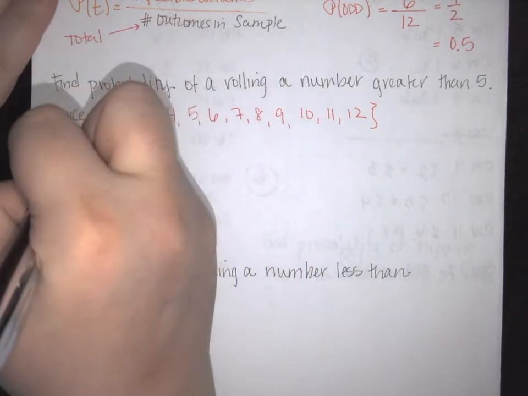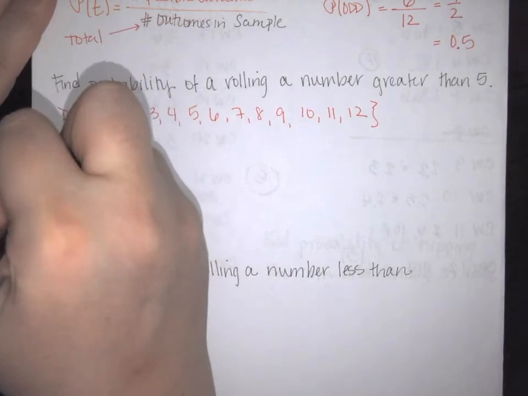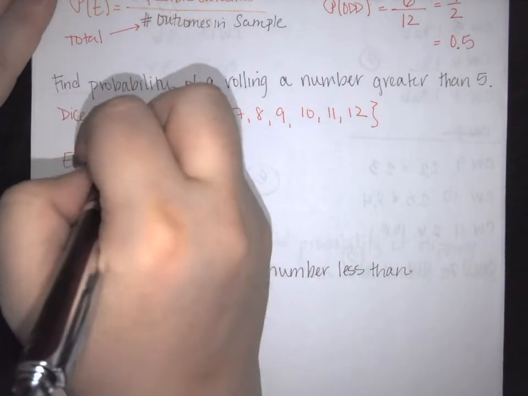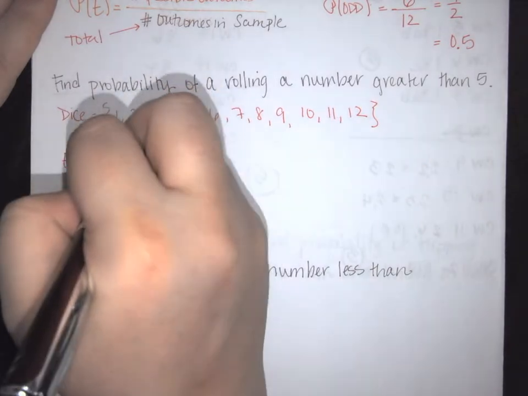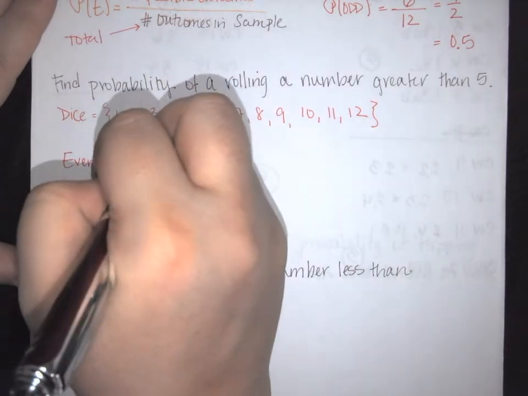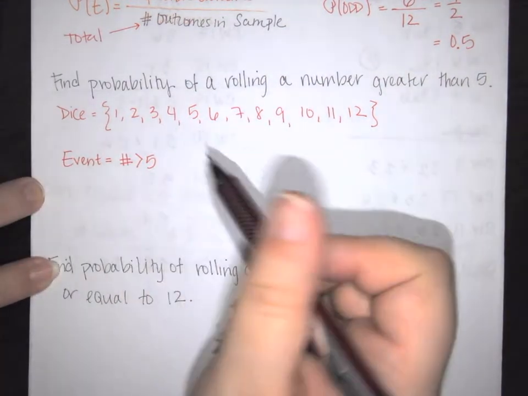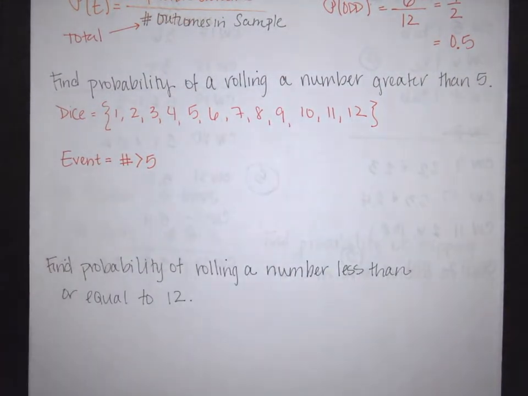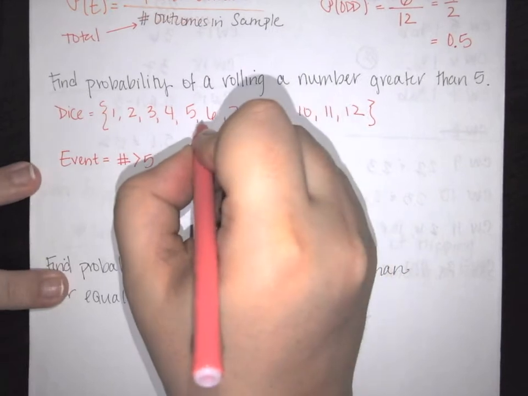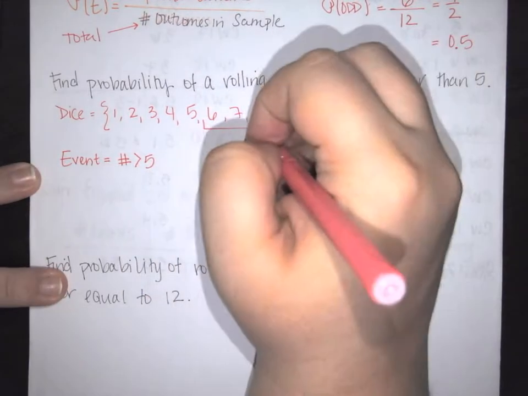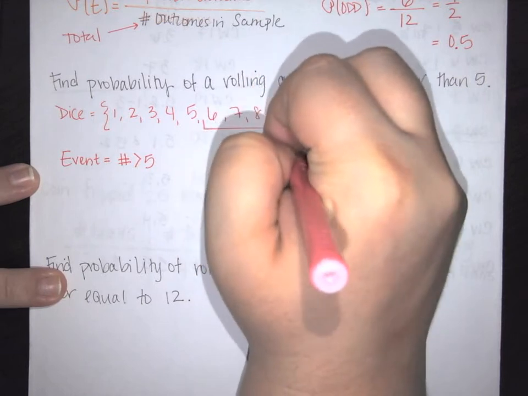So in this case, my event is that you are going to roll a number greater than 5. If we looked at what those numbers would be, we would be looking specifically at the numbers 6 through 12. So this is actually going to be my event here.